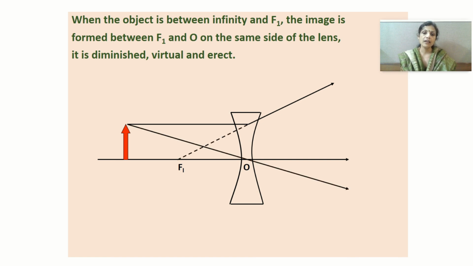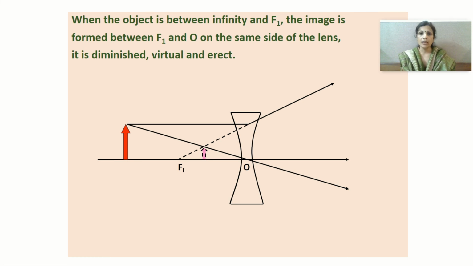The second ray passes through optical center and goes undeviated. Check out this place where both the rays meet each other. That is the place where the image is formed, between f1 and optical center, and the image is diminished, virtual and erect.